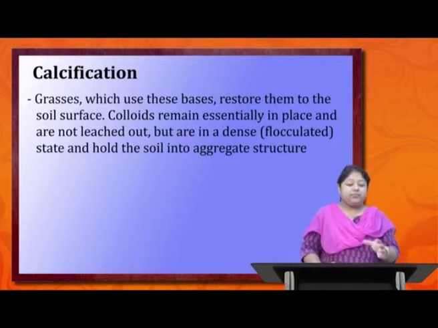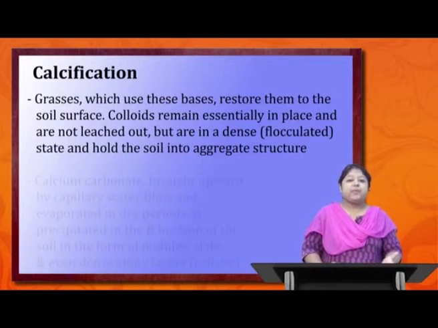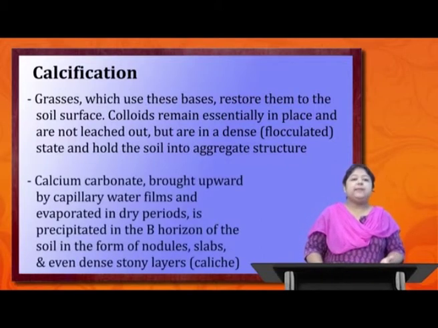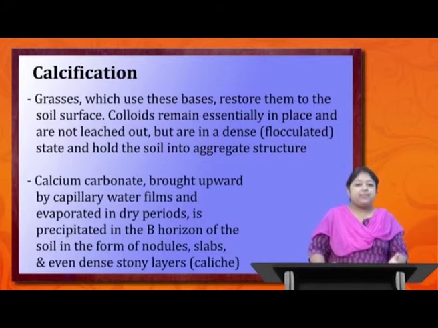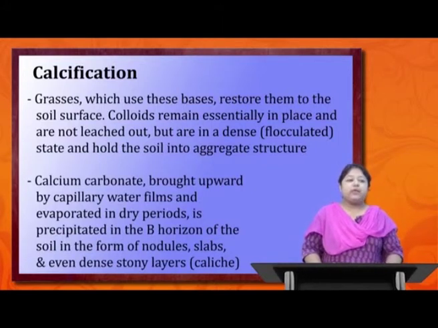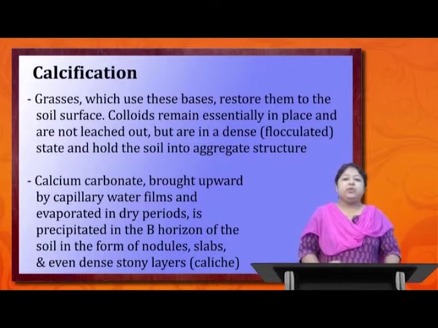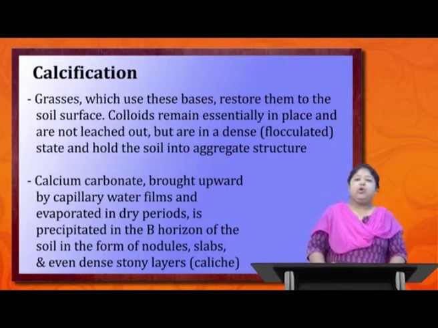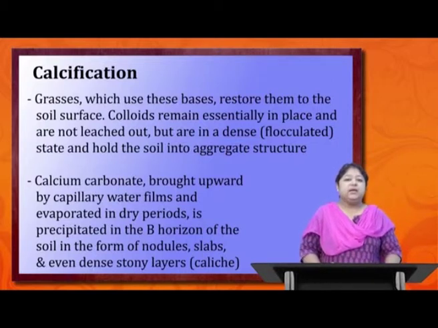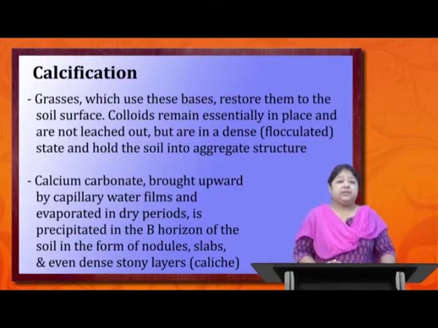Grasses add their matter to the soil and again it comes back. Now, calcium carbonate brought upward by capillary water films and evaporated in dry periods is precipitated in the B horizon of the soil in the form of nodules, slabs and even dense stony layers which are known as caliche.